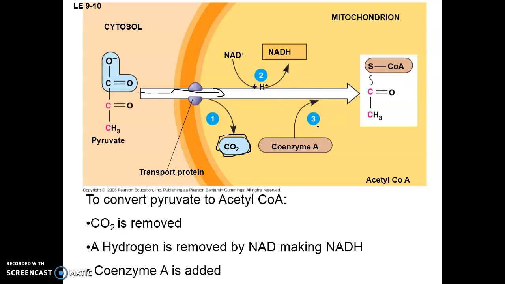It doesn't matter what coenzyme A is, all you really need to know is that it helps acetyl-CoA enter the Krebs cycle. So again, there are 3 things: remove CO2, take an electron, which turns NAD into NADH, and then add coenzyme A. Those are the 3 steps that I call the bridge to the Krebs cycle.